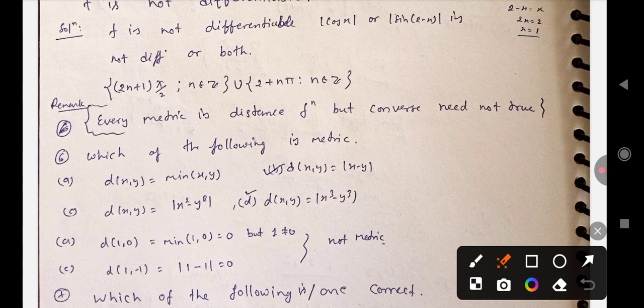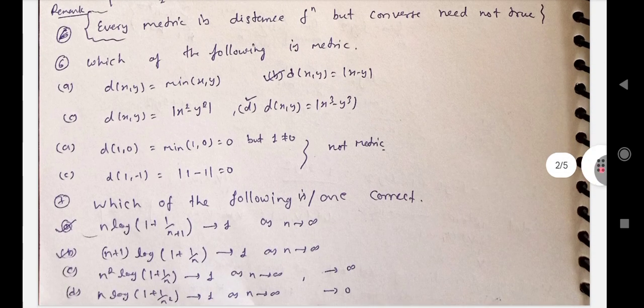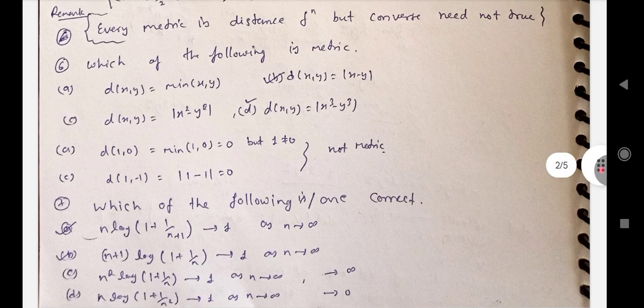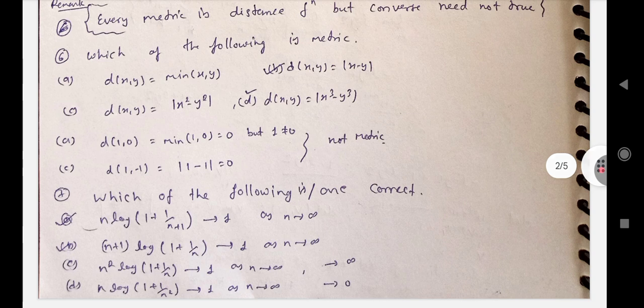Here the question is, which of the following is a metric? d(x,y) is the minimum of x and y, and so on. We have also seen d(x,y) equal to mod of x minus y forms a metric space. So this is true. This is easy.